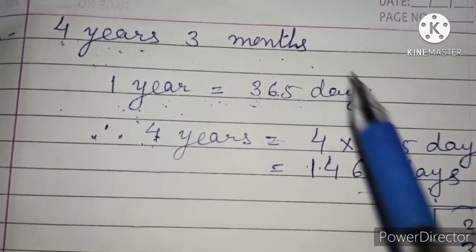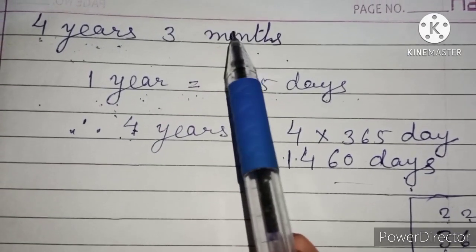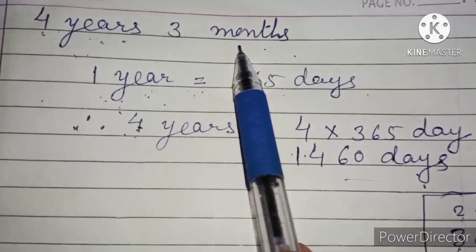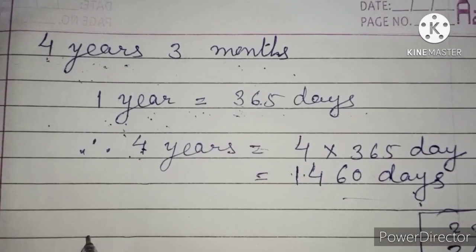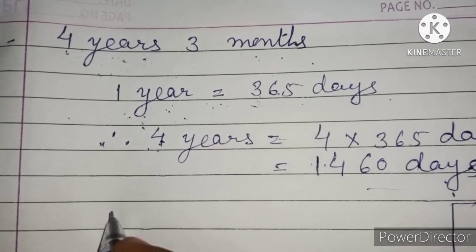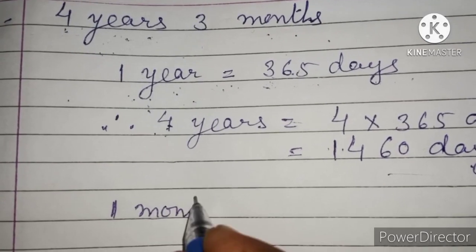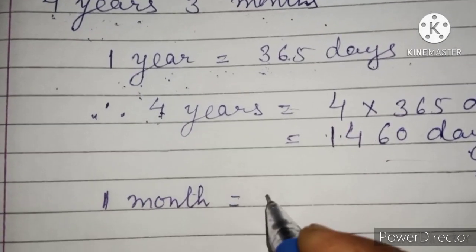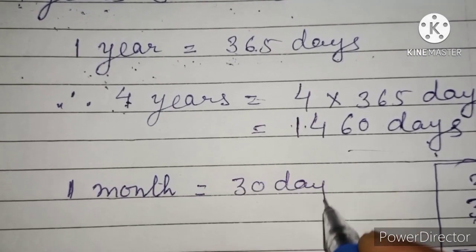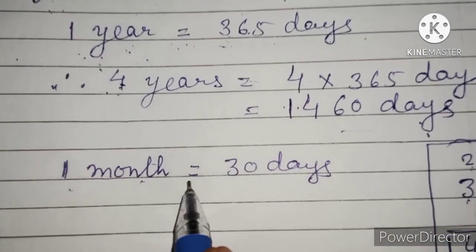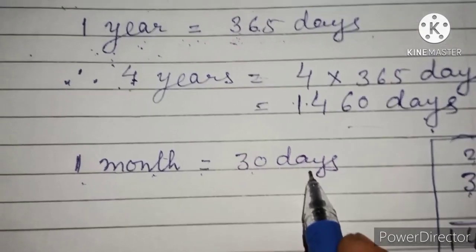Now we will convert months into days. So as we know, 1 month is equal to how many days? 30 days. 1 month is equal to 30 days.